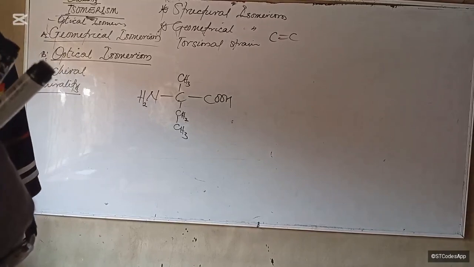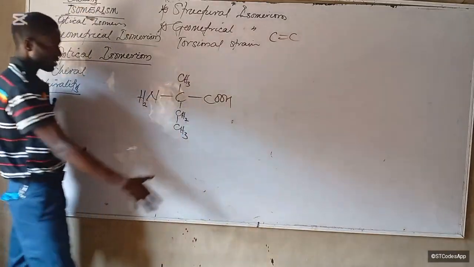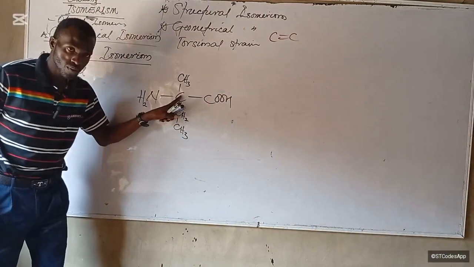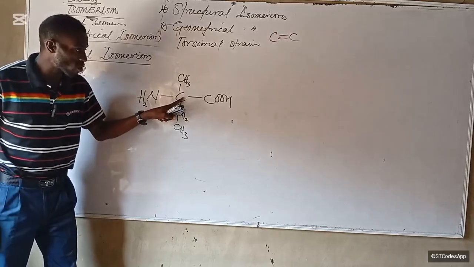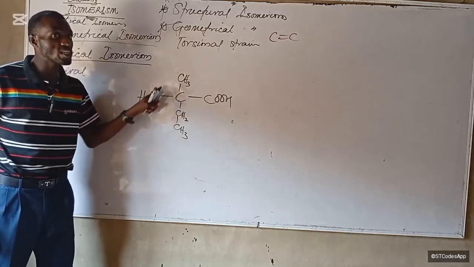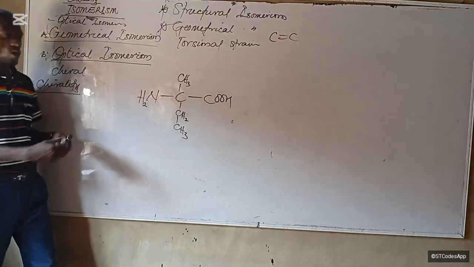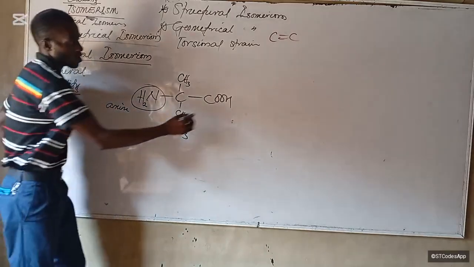Are we there? So I said, look at this guy. Chirality is when a carbon atom is attached to 4 different groups. Let's all have eyes on the board now. This carbon is attached to, what group is this? Amine. What group is this?